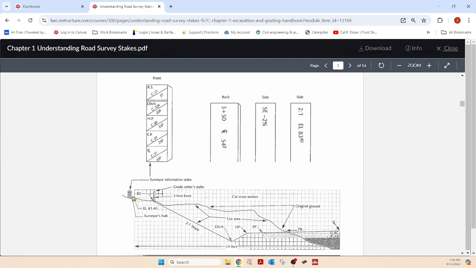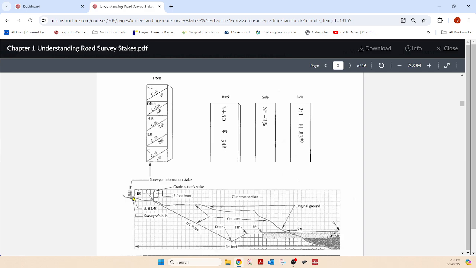That is essential. Now, how did we set this reference stake, I wonder? So we're on the ground right here, but we need to set our top stakes before we can get started cutting this slope. So we come down here, we put a stake in the ground, and we get our hand level, and we shoot back at the top of the hub right here.